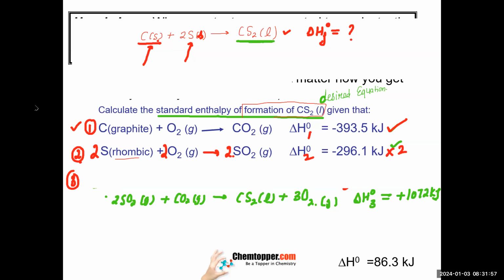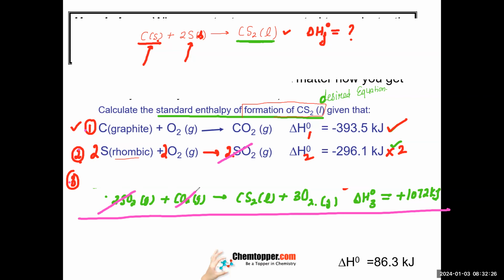Now you add these equations. 2SO2, 2SO2 cancelled, right? What else is cancelled? Keep telling me when I'm adding equations 1, 2, 3. What else is cancelled?